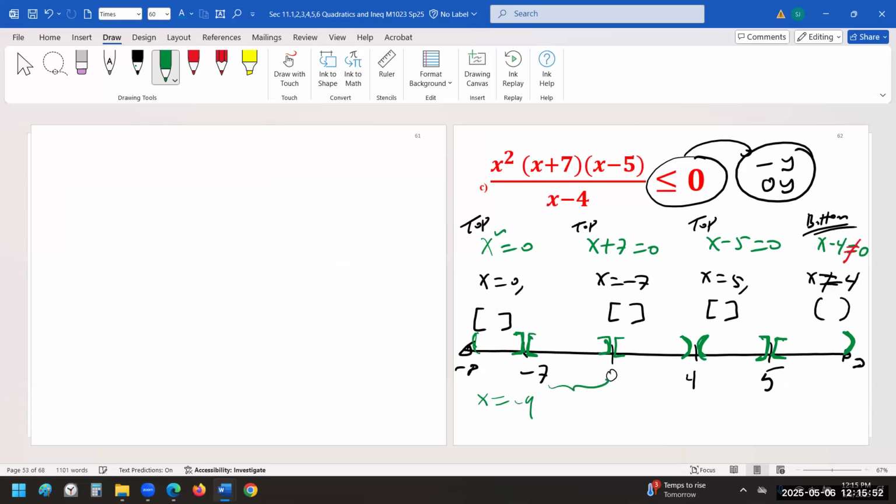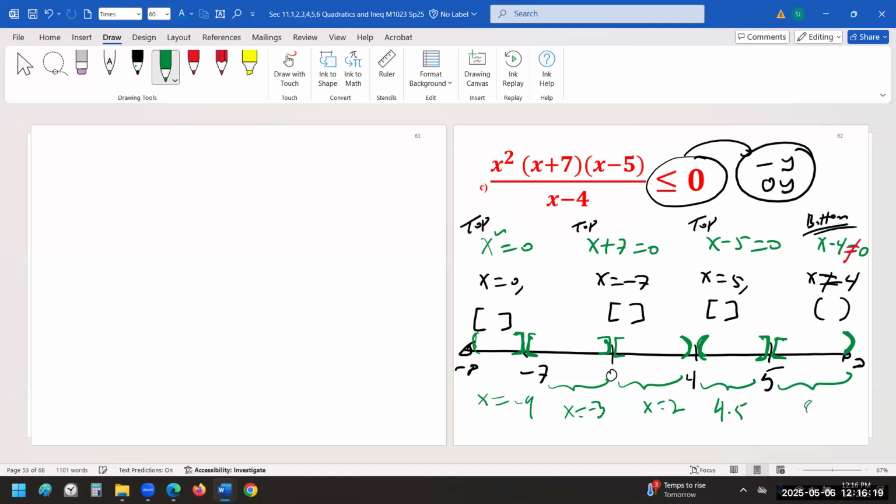And then any number between negative 7 and 0. Negative 3. Anything between 0 and 4. 2. Anything between 4 and 5. It has to be a decimal. There is no whole number. 4.5. And then anything bigger than 5.